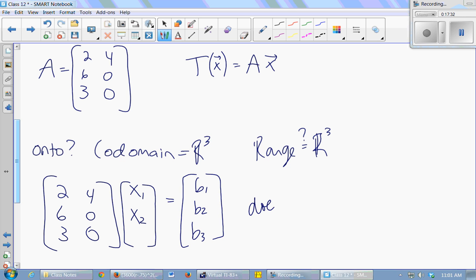Does this have a solution? If it has a solution, yes, I can produce any vector I want. And if it doesn't have a solution, then no, there is a B1, B2, B3 that can't be produced.